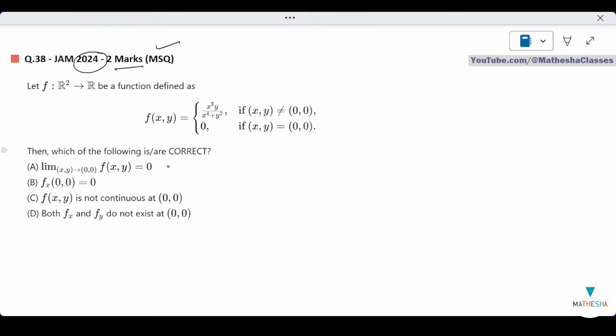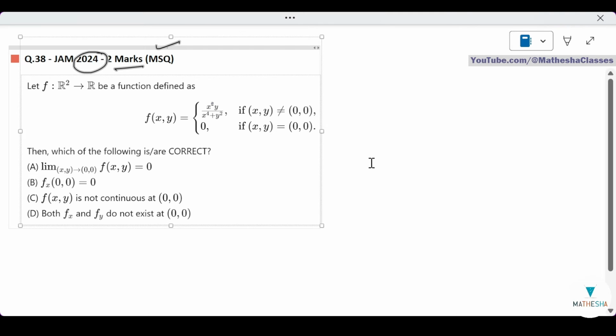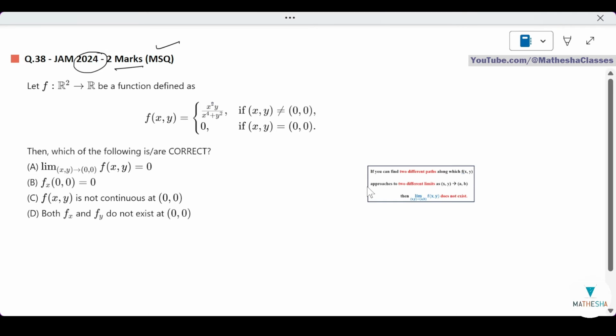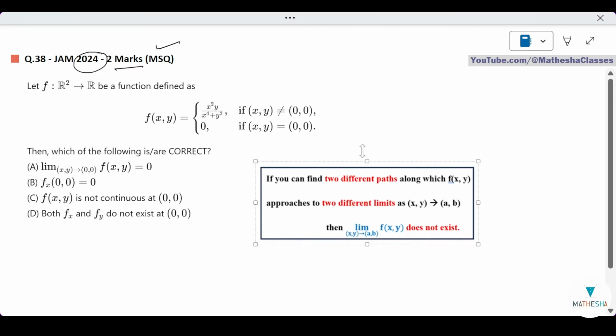First of all, let us try to find the limit of the function at (0,0). तो ऐसे फंक्शन के लिए हम जो चीज यूज करेंगे वो है दिस रिजल्ट. So basically this kind of function doesn't have a limit at (0,0). So how will you show this?